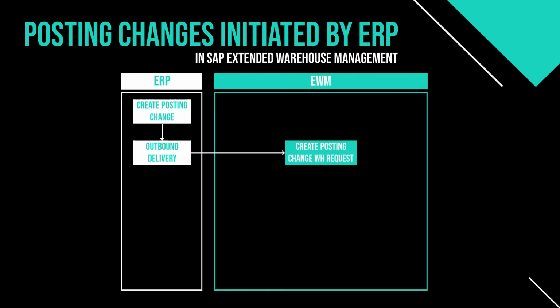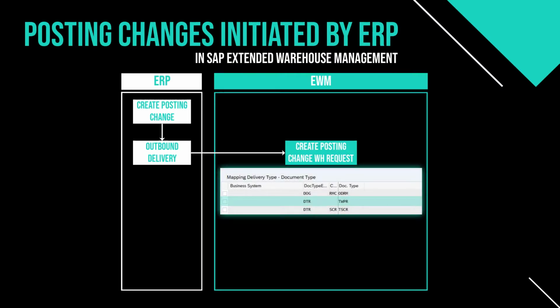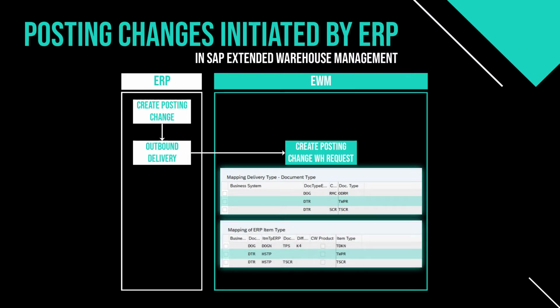And for this to work, we need to set up the document type mapping, like with every other delivery being transferred to the EWM system. We need to set up a mapping for the document type, and of course we need to do the same thing for the item type as well. Again, just like we would do it in every setup for delivery processing in a decentralized setup.